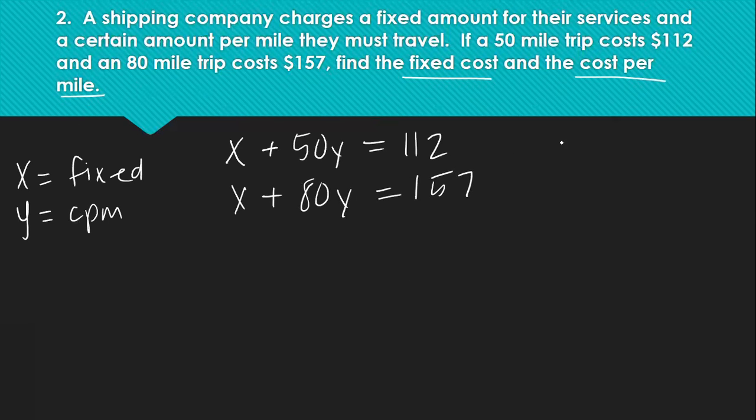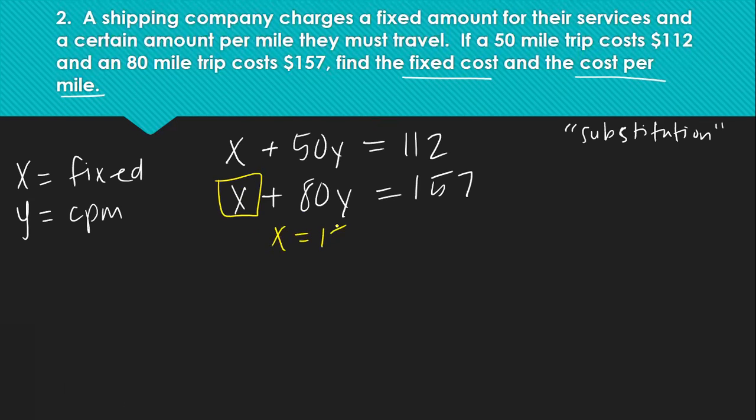Looking at this problem, it actually lends itself to substitution, and that's because I can easily get one variable by itself. Do we see that? So if I choose to do substitution with this problem, I can get x by itself.